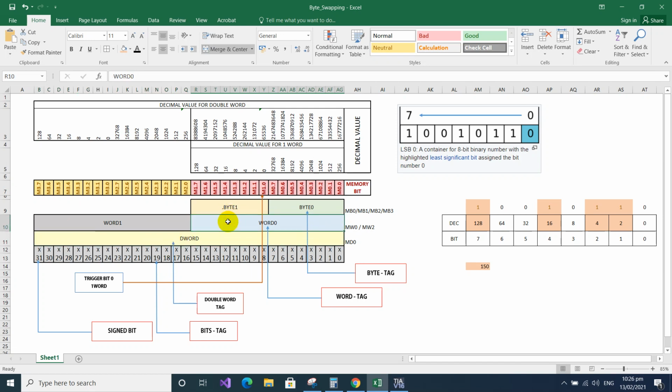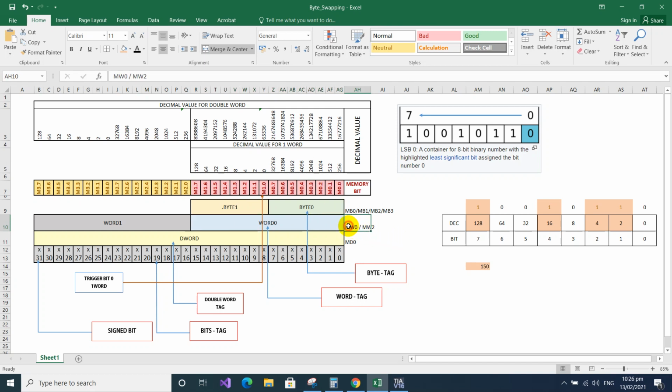One word will be represented as MW in address in Siemens. So MW stands for memory word. As we all know, one word is equal to 16 bits.